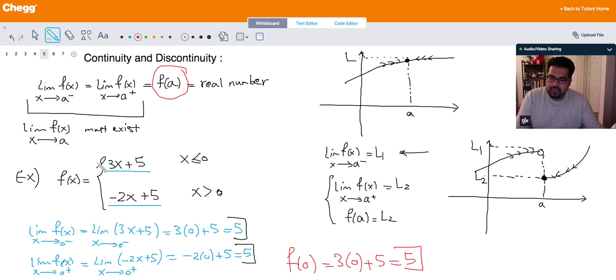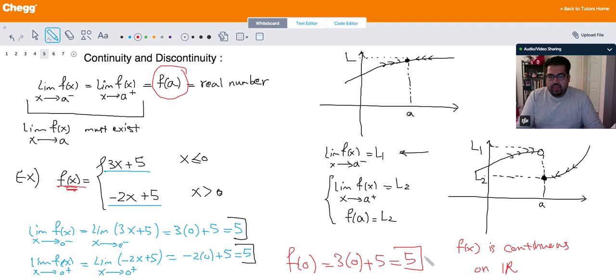Also, because these two functions here are polynomials, they're also continuous at the other points, and we don't really need to check that. So we can say f of x is totally continuous, and that basically allows us to write that f of x is continuous on all real numbers.